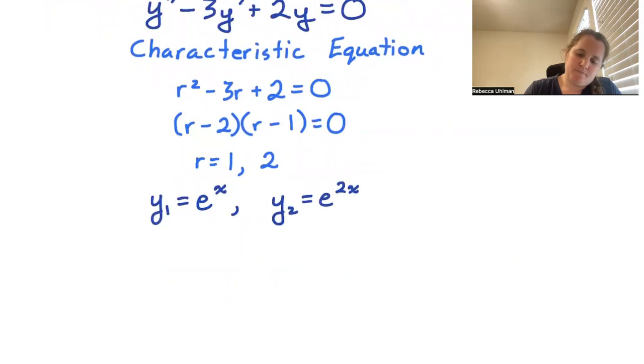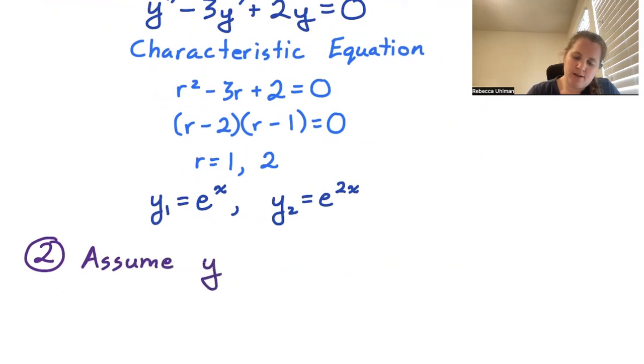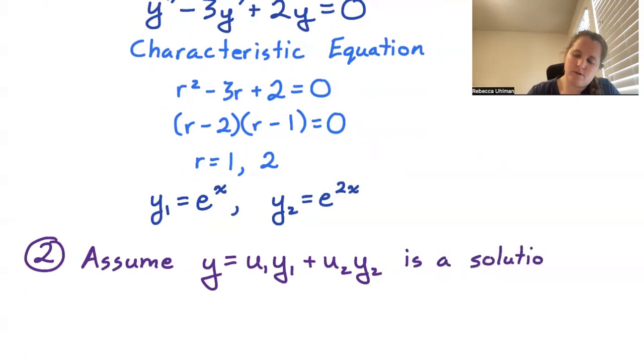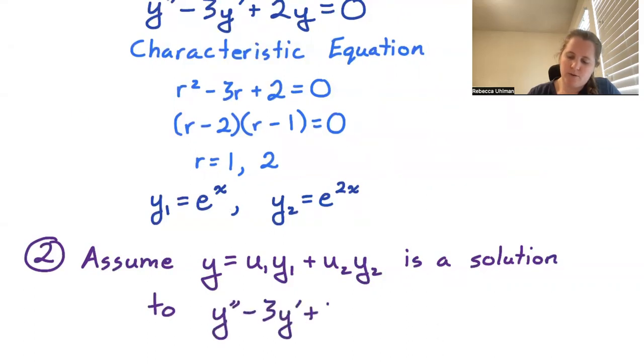Next up, we assume that y = u1 y1 + u2 y2 is a solution to the non-homogeneous equation, y'' - 3y' + 2y = e^(2x) cos(2x).